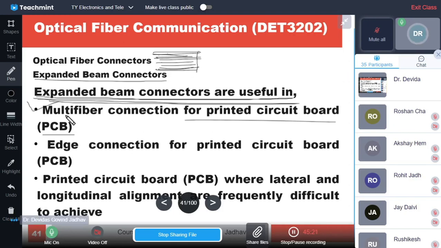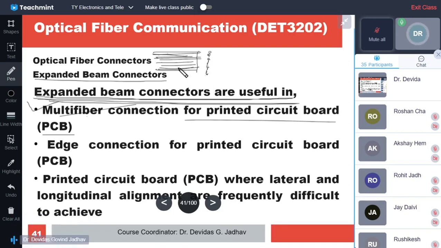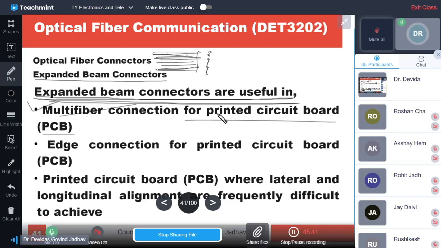So this is a multi-fiber connector, where the connector also has that many micro lenses, and the fiber ribbon is fitted and connected into those micro lenses. In this situation, this connector will be required on a PCB.